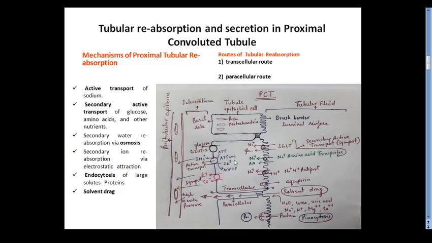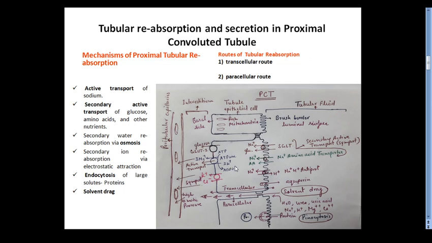The connection between two cells is not so tight, which provides a pore, a gap between the cells. So there are basically 2 routes involved in reabsorption from the tubule. The first route is the transcellular route, and the second route is the paracellular route.